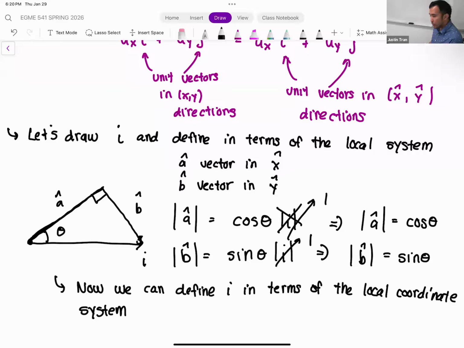Basically, we're doing the same thing we did with our U vector, where we take our vector and define it in the other coordinate system. It's just that we're doing it for the unit vector in our stationary system.